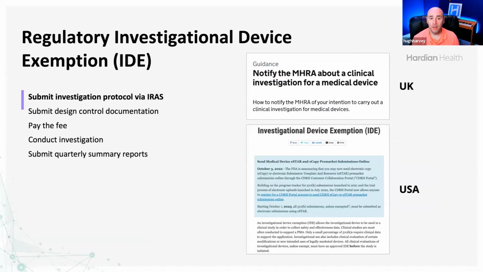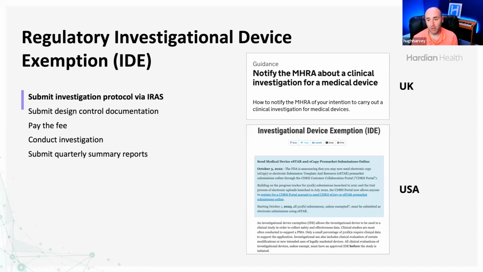And then you will also need to apply to, or you may need to apply to, the regulators in whichever jurisdiction you are conducting your clinical investigation, to notify them about your intent to conduct a clinical investigation for a medical device. So this again has a process which is done through an online IRAS portal.